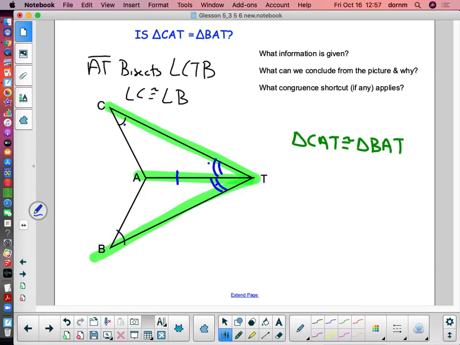Now I know there's somebody out there saying, well, but couldn't you just go angle, skip a side, skip an angle, side, angle? No. It doesn't work in that order. We can't skip two pieces. I can skip the one piece, the one side, to get to angle, angle, side, but I can't skip two pieces like that. So no, this is angle, angle, side.